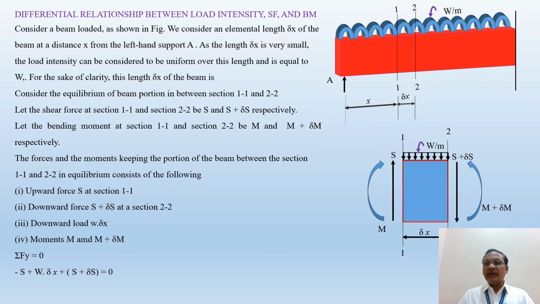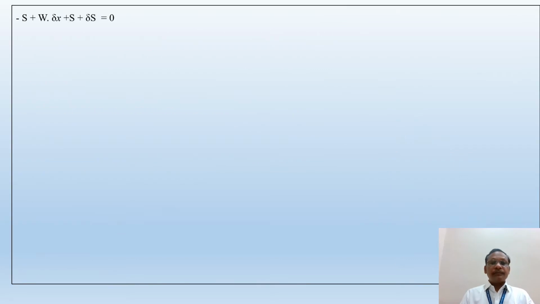This shear force and this shear force we have considered, and this load. Okay, by solving this equation, S plus W into delta x plus S plus delta S is equal to 0.